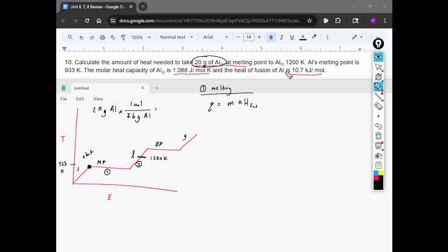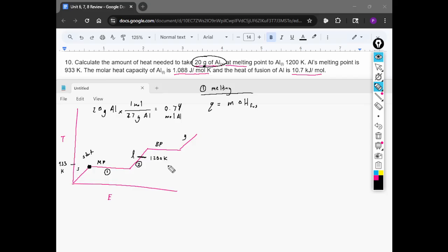Okay, so we just do 20 divided by 26. And that's going to mean that 20 grams of aluminum is equal to 0.77 moles of aluminum. Sorry, guys. It's 27. I tried to do it off the top of my head. It's 27. It's not going to change our number very much, though. 0.74. My bad.